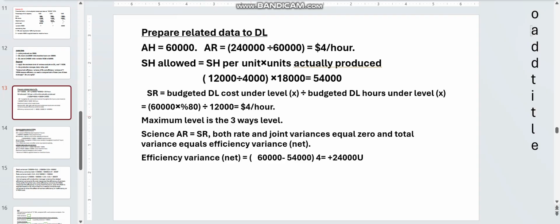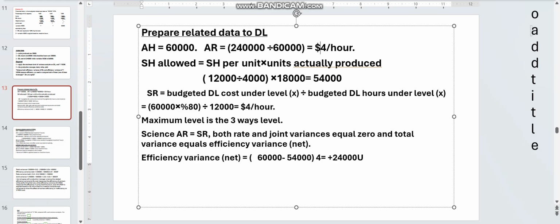So we get $4 per hour. Now, maximum level is the 3 ways. Now, note something, that is actual rate equals standard rate.